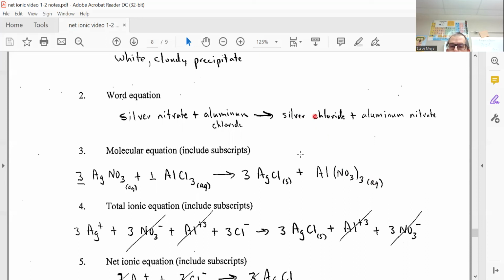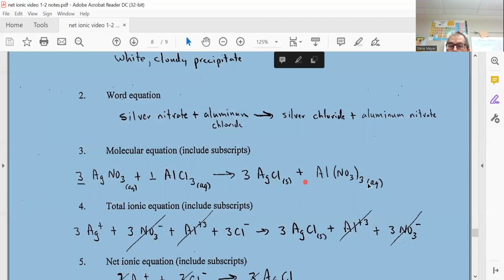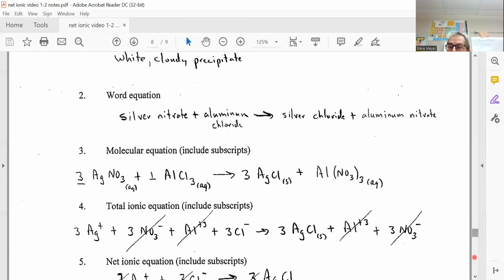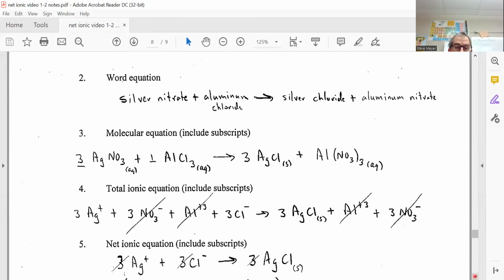How about silver chloride? It says it's a solid. How do I know that? Well, through process of elimination: if there's a precipitate and aluminum nitrate is not the precipitate, then silver chloride has to be the precipitate, or the solid. Is there another rule that supports this?